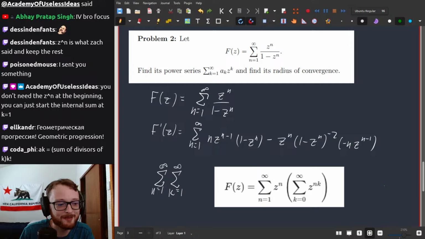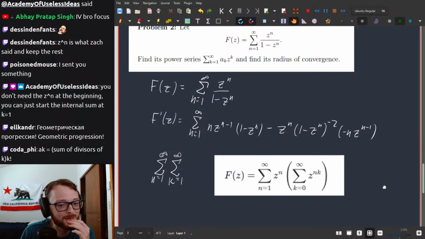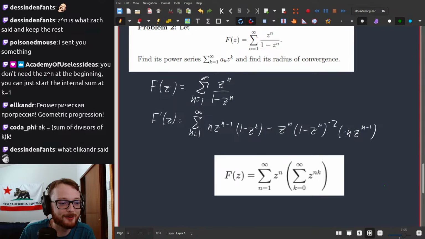Yeah, I can see that. Yeah, geometric. Sum of divisors of k factorial. Okay, so I see what's happening now.